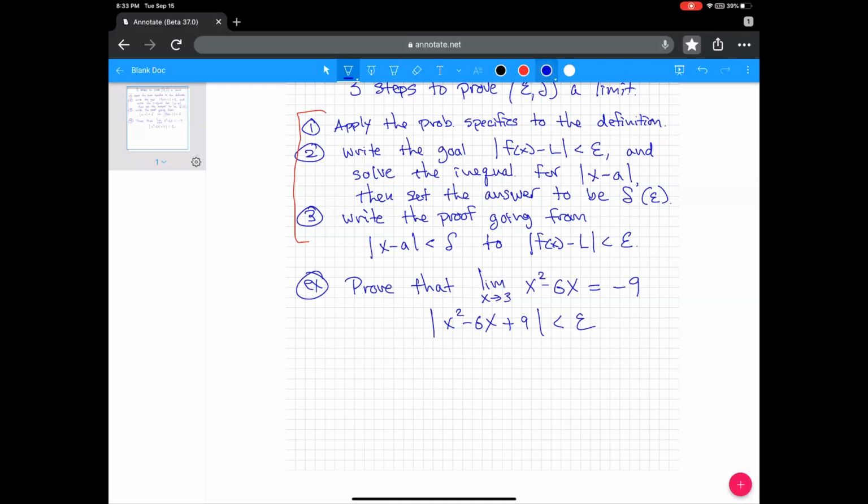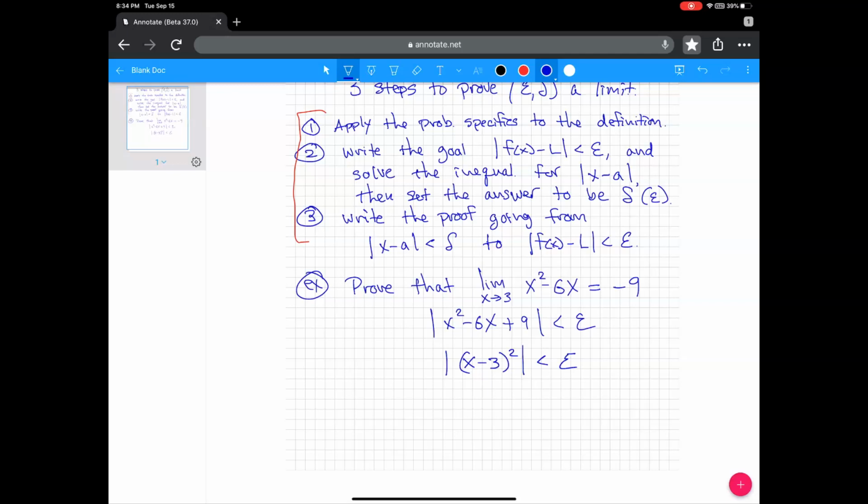Well, in this case, this is a not too challenging example, because hopefully it'll make it easier to understand what's going on. I'm going to try to solve this inequality for x minus a, in this case, x minus 3. Well, as we can see here, this polynomial factors, because it's a perfect trinomial, into x minus 3 squared. So the goal for this limit proof is to show that x minus 3 squared is less than epsilon, and we have control over x minus 3.